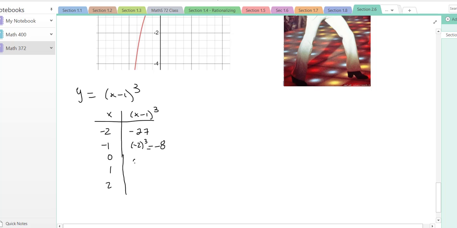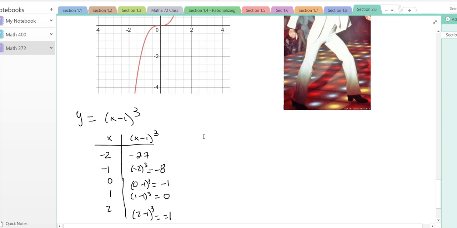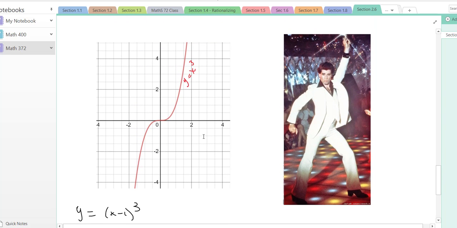At 0, 0 minus 1 cubed will be minus 1 cubed, which is minus 1. And then at 1, 1 minus 1 is 0, so we'll get 0 there. And then 2 minus 1 cubed is 1 cubed, so we'll get 1. Notice that as we go back up to our John Travolta graph, in this one, we have 0, 0 is where that squiggly part happens.